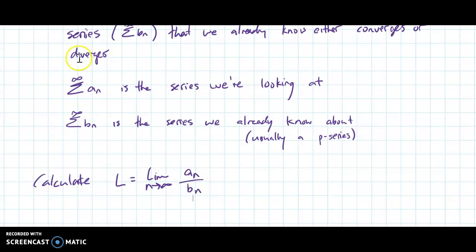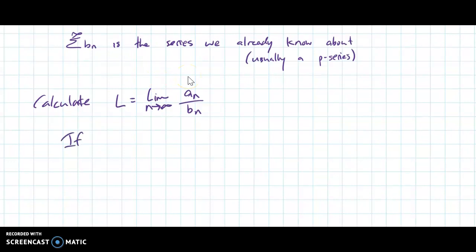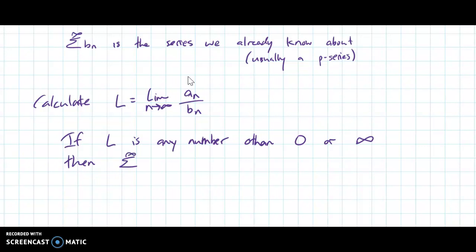And then there's kind of two cases. First, if L is any number other than 0 or infinity, and honestly, L is usually going to be 1, then the series sigma to infinity of A sub n and sigma to infinity of B sub n do the same thing.